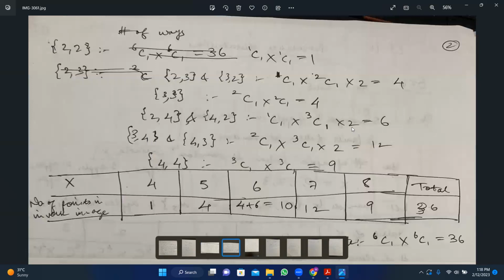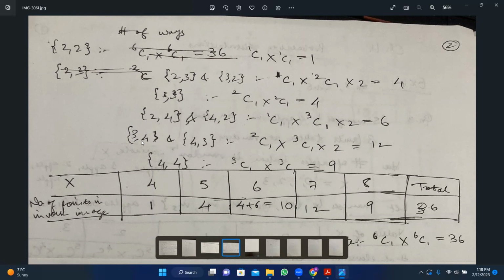So we have to multiply by 2. Just looking at the first sample space point, we have to take 2. There's only one face with 2, which is 1C1, and we have 3 faces with 4. So it is 3C1. So the solution is 6.